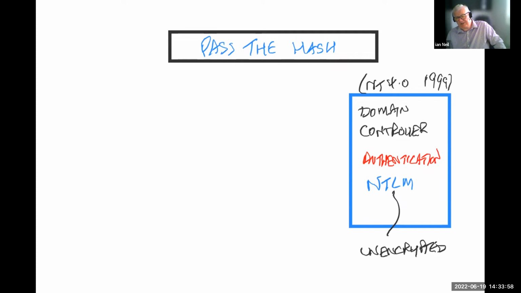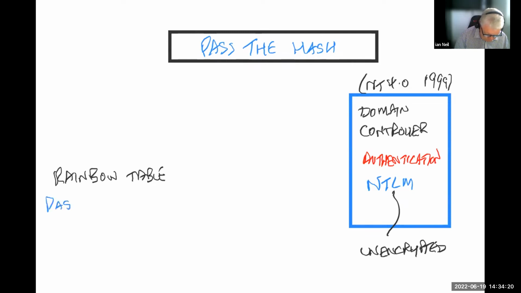So he tries and steals the password database, which is unencrypted. Then what he can do, he can use a rainbow table. Now, what is a rainbow table? It's a password and it's got a hash value, and the hash value is hexadecimal, and it's extremely long.